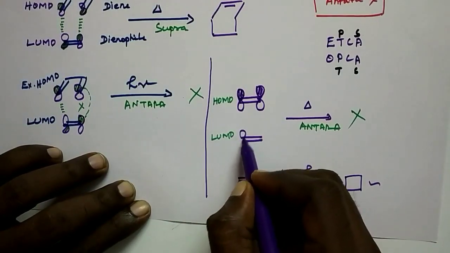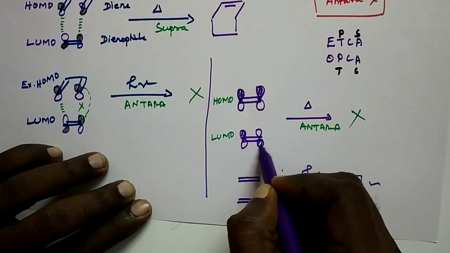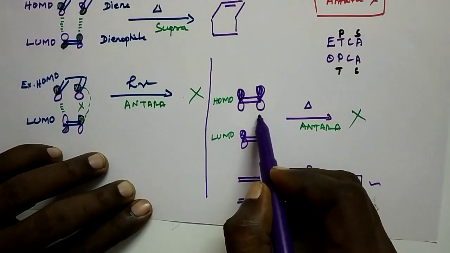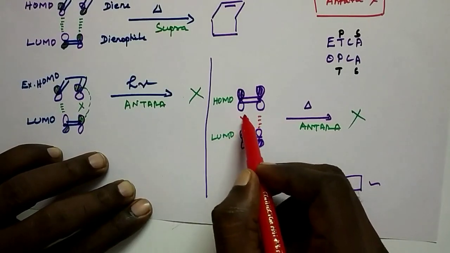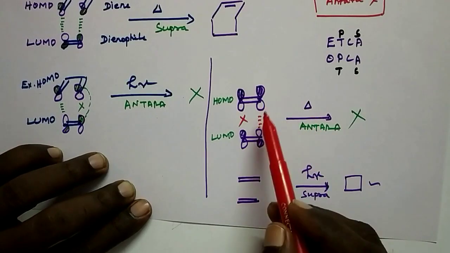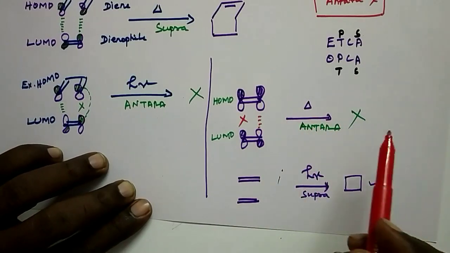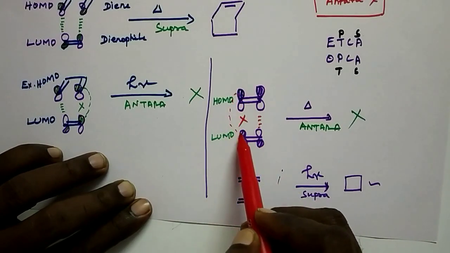HOMO symmetric means LUMO is antisymmetric, obviously. Now you see, here symmetry allowed, here symmetry forbidden. That is why the thermal reaction, 2 plus 2 thermal reaction, is not allowed because it is antarafacial. Okay, you have to overlap this way.